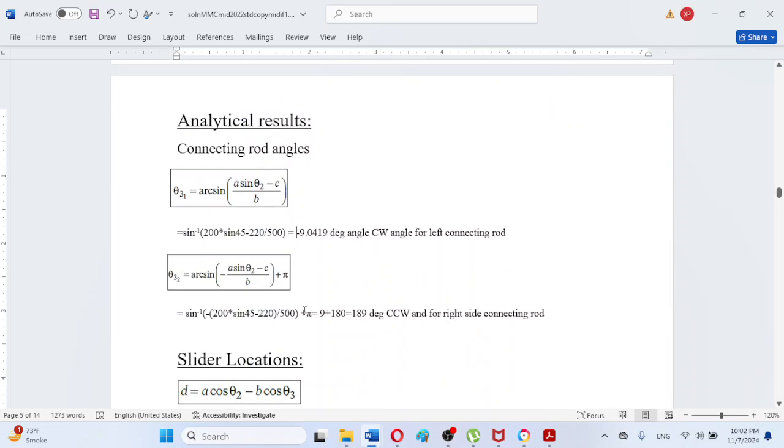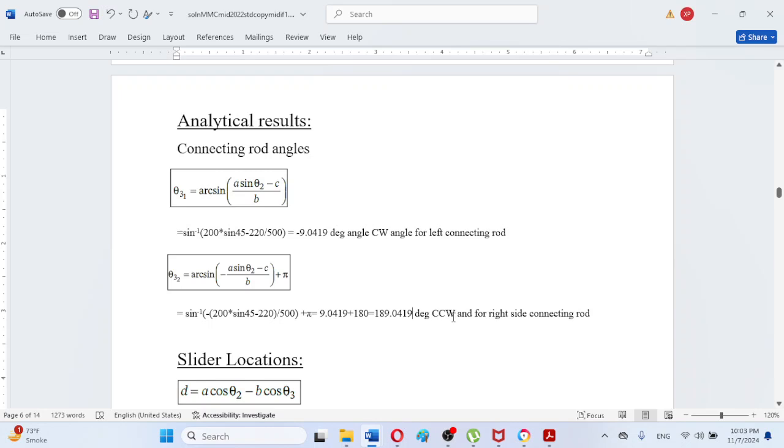So in this way, if we use theta 3 2, we can observe that theta 3 2 actually gives the value analytically of 189.9, or we can simply type that this will come out to be 180 plus 9.0419, so that will be equal to 189.0419 degrees.